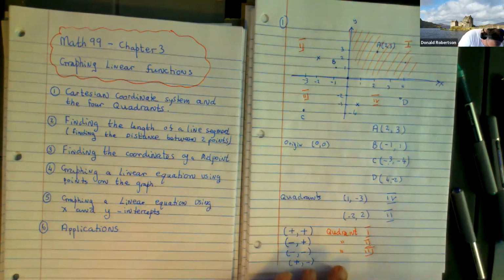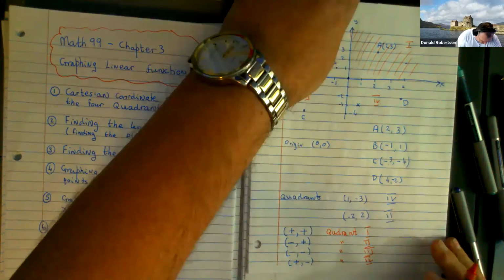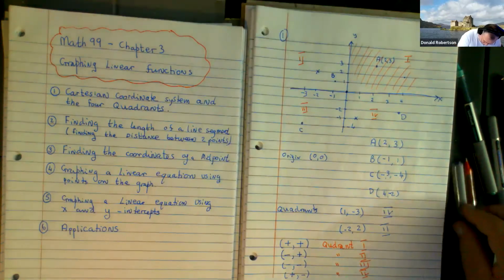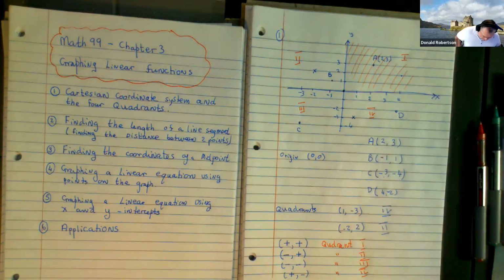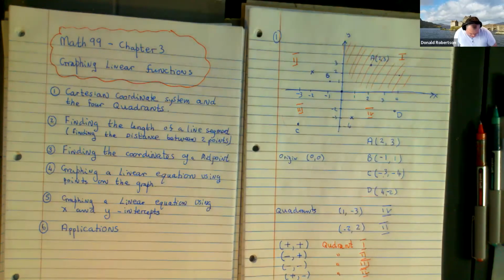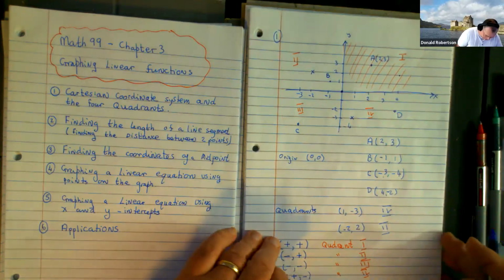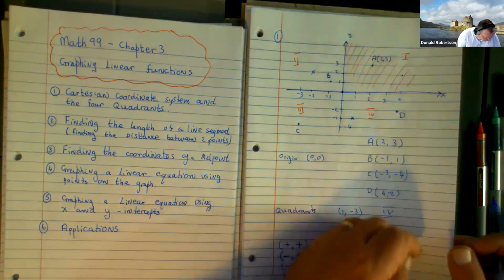That will only happen for points that are in the fourth quadrant. And that's essentially all you need to know at this point. Can you plot a point in 2D space? Can you tell me which quadrant the point is in? These are really starter skills that we're going to build on.